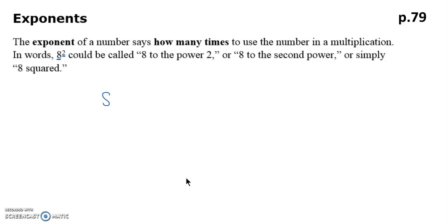For numbers that have a 3 as the exponent, you can call it 8 to the power of 3, 8 to the third power, or 8 cubed. But there aren't that many like squared and cubed, so the first two styles, such as 8 to the power of 5 or 8 to the fifth power, would be our typical way of saying that base and exponent.